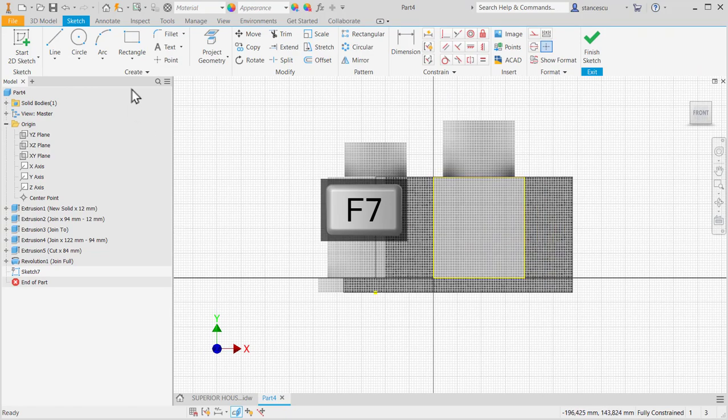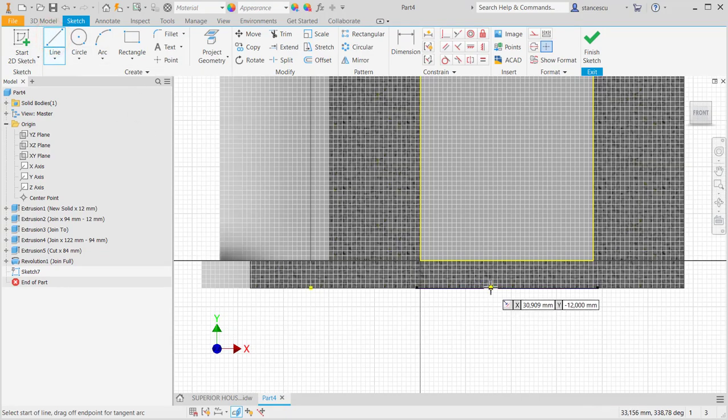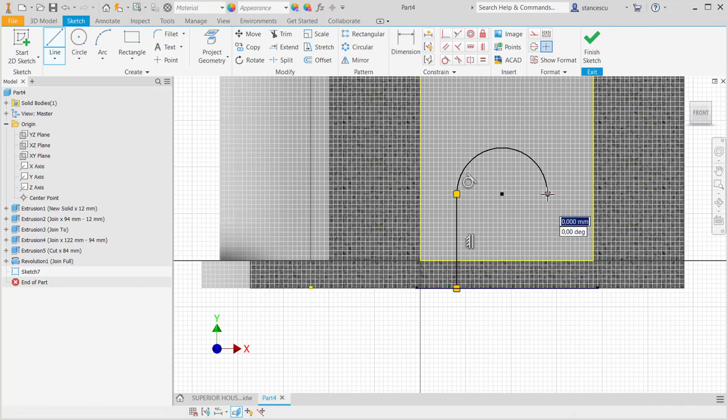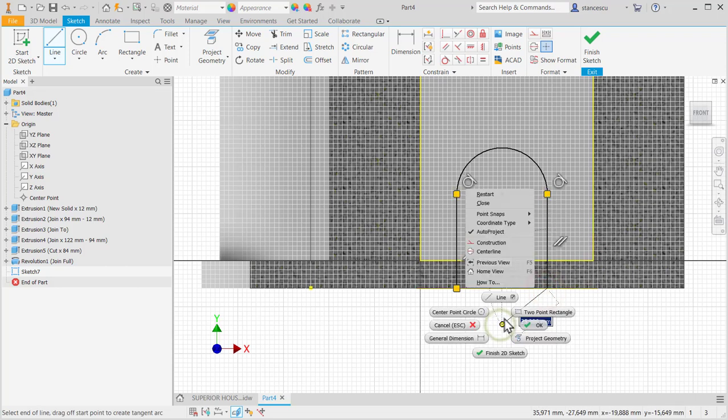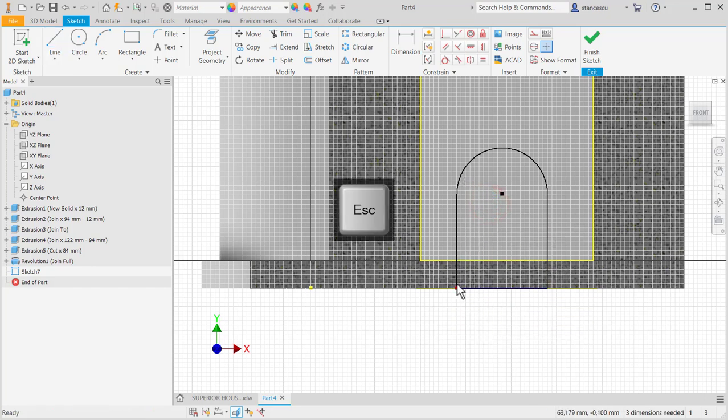F7, line from the baseline with a radius and close. This is a line, I hope. Yes, it is.